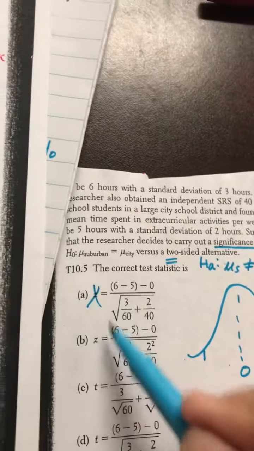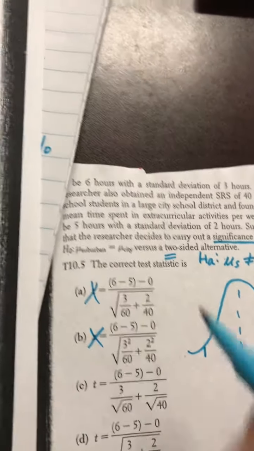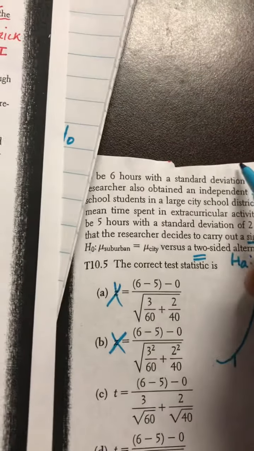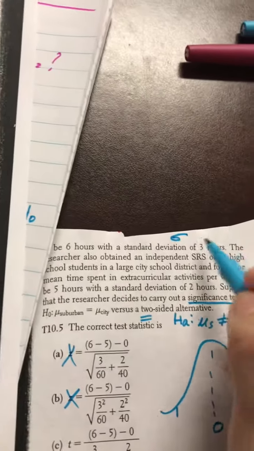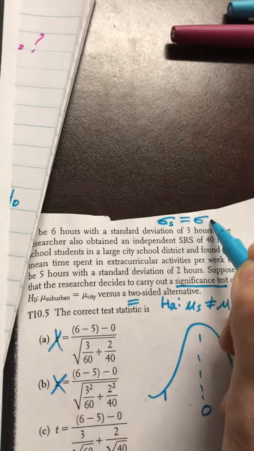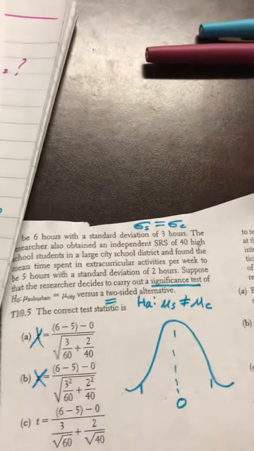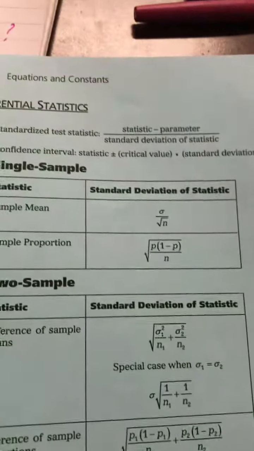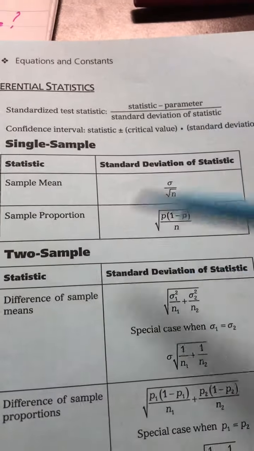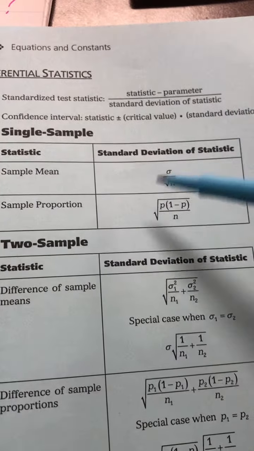Now, I know it can't be z because they did not tell me the standard deviation of the population of either of the schools, or the overall population of the school or of the city in the suburbs, nothing like that. So when I look here on my paper, I think about this formula and a standard deviation of statistic.